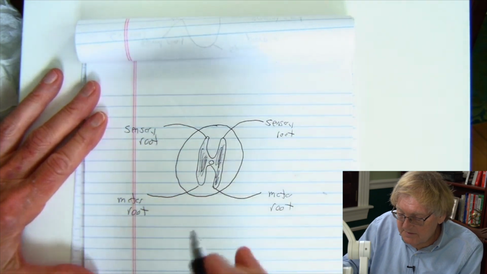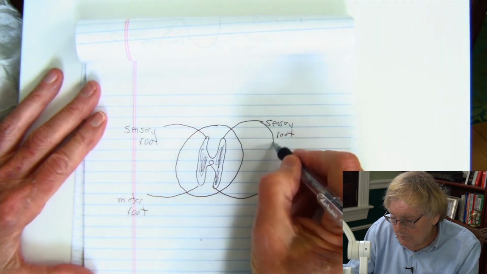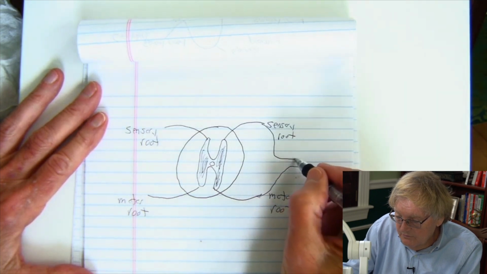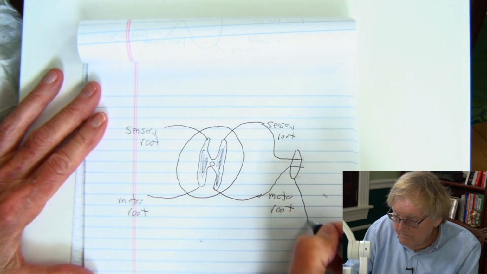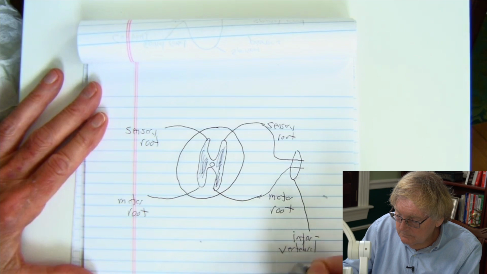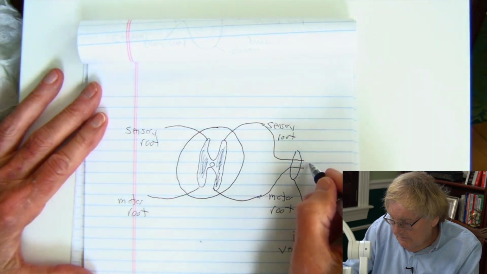And therefore that sensory root and that motor root will come together, and they're going to pass through that opening called the intervertebral foramen. And they're going to come out of the spinal cord as a spinal nerve.